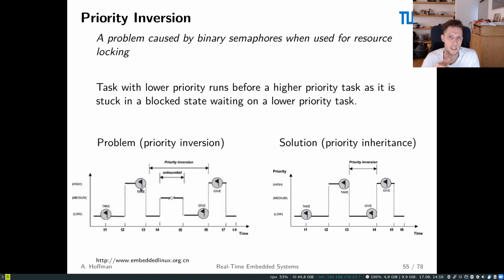This is normal behavior. But the problem is that this low priority task is executing, and then a medium priority task, if it wants to execute, can preempt the low priority task because its priority is higher. And so we can get this preemption here where a medium priority task is executing on the system, although our focus should be on unblocking or getting rid of this resource so that our high priority task can execute, because we should be doing everything we can to get the high priority task to execute.